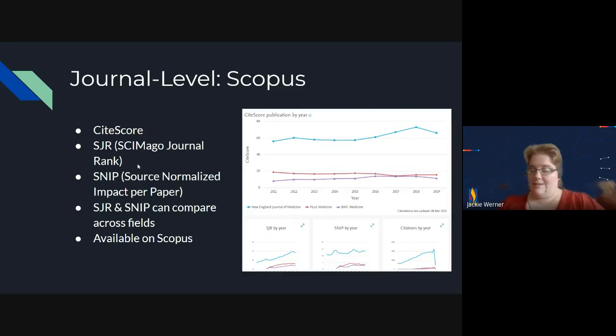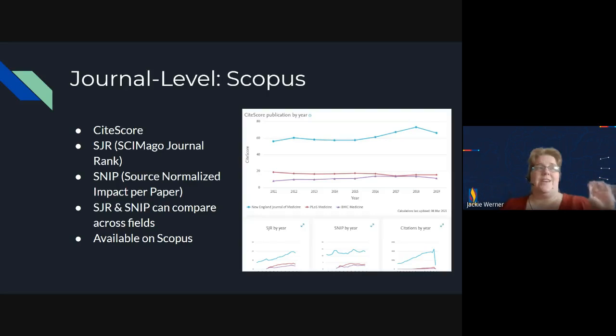SJR is once again similar to the Eigenfactor, in which citations from prestigious journals are weighted more. And SNIP, Source Normalized Impact per Paper, is the ratio of citations to the citation potential of the field. So this is meant to counter the fact that some fields are a lot more likely to cite than others. For example, say you have general surgery and infectious diseases.